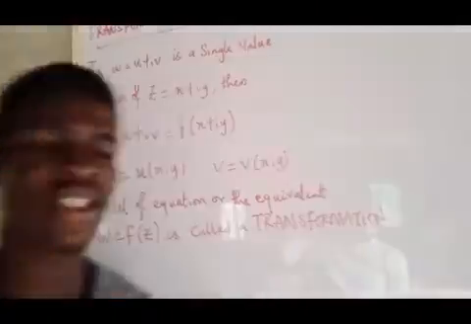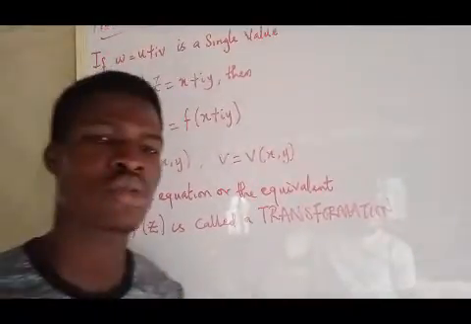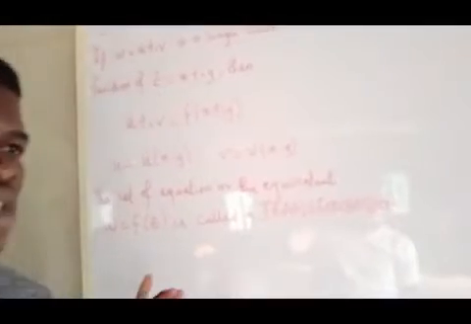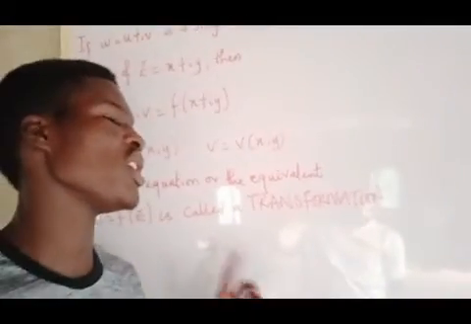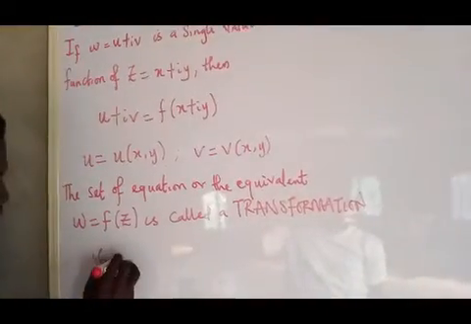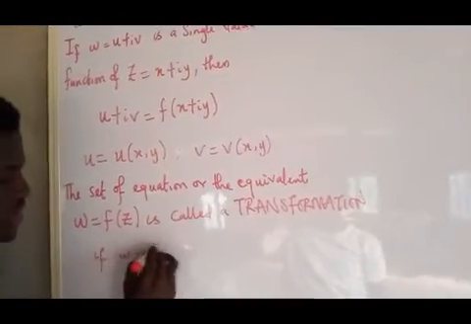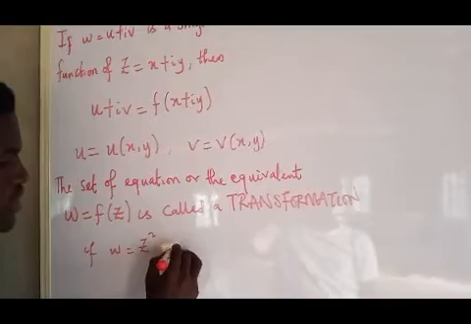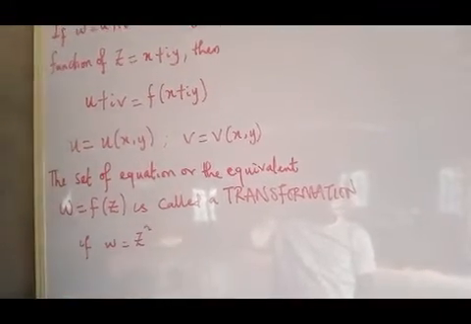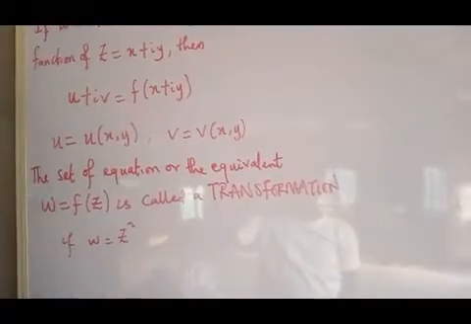So how does this apply to the transformation we want to do? I'll give you some examples now that will show you the parts of transformation in complex analysis. So let's see, if w equals z squared, what is its transformation? If I want to find the transformation of this, what do I need to do?